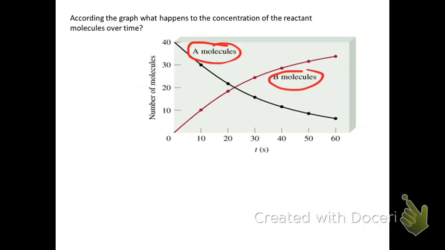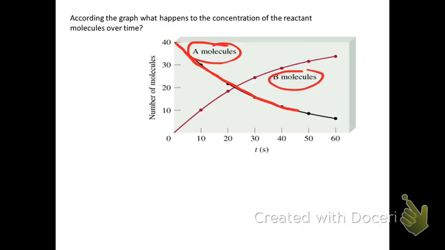All right? Now think about what's going to happen to the reactant concentration as a chemical reaction starts taking place. Is the concentration going to decrease over time, or is it going to increase over time? That's right, it should decrease over time. So which one of these curves best represents the molecule concentration decreasing over time? And if you said A, you'd be correct.